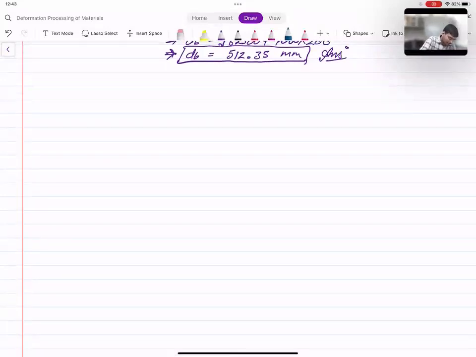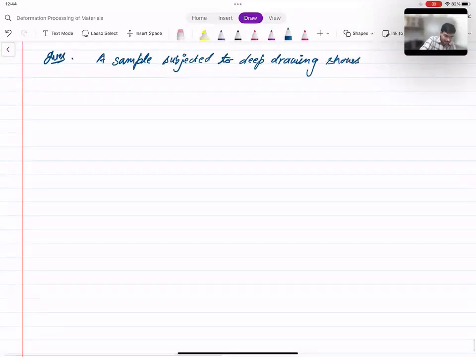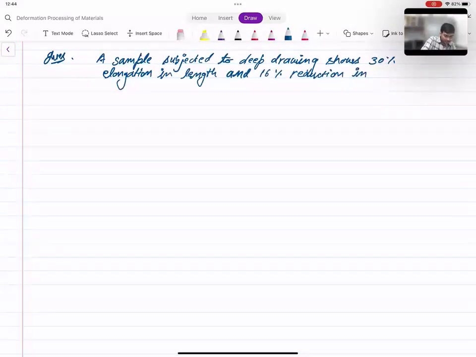So now the problem statement is a sample subjected to deep drawing shows 30% elongation in length and 16% reduction in width.